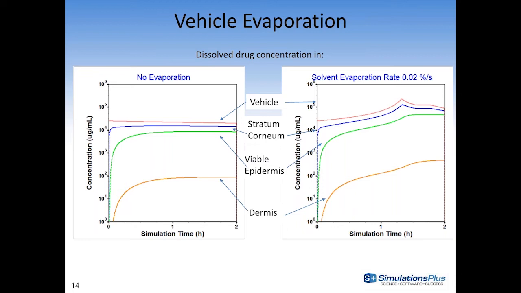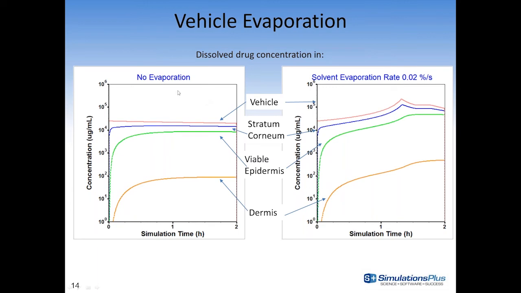In other cases, it makes a difference whether there's evaporation or not, but the specific rate doesn't necessarily make a difference. If you turn evaporation on, you see a difference versus not including vehicle evaporation, but changing the rate, it's not very sensitive to the actual rate. But you do finally get cases like the one that you see here, where when you include vehicle evaporation, you do see differences, and it is sensitive to the rate.